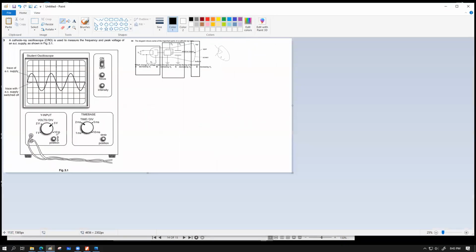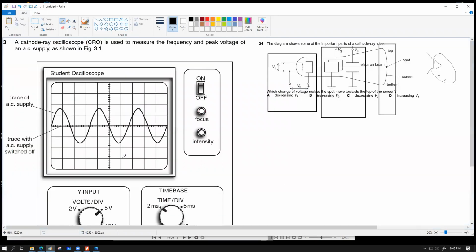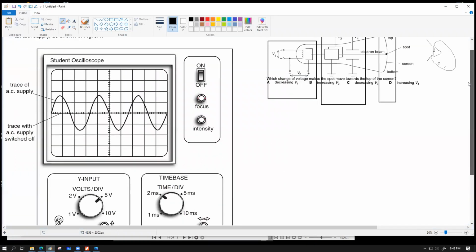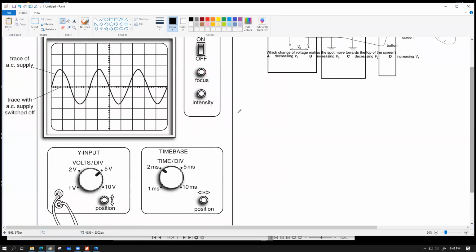At the bottom part here we have two connection lines. These two connection lines are basically the input to the cathode ray oscilloscope device. So external input is always provided on the y gain, and y gain is marked in volts per centimeter.